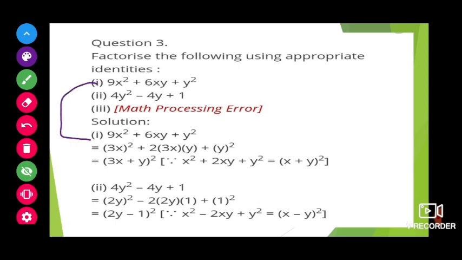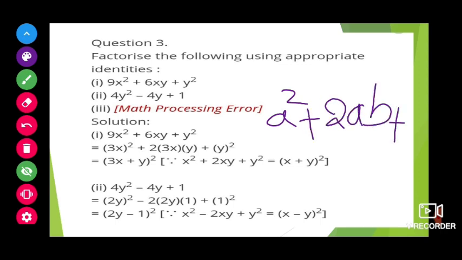So just think how we can convert the given expression into one of the identities. Here, the 9x square we can write as 3x whole square. Then 6xy we can write as 2 into 3x into y. Now y square. Here it is looking like a square plus 2ab plus b square, or else x square plus 2xy plus y square.